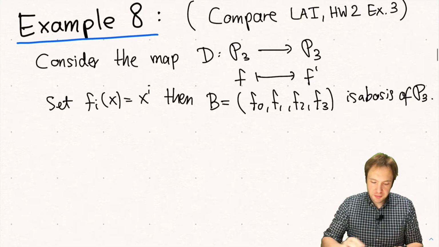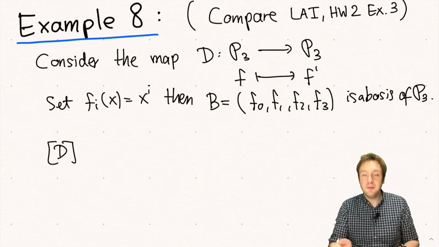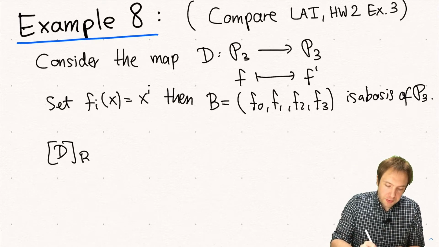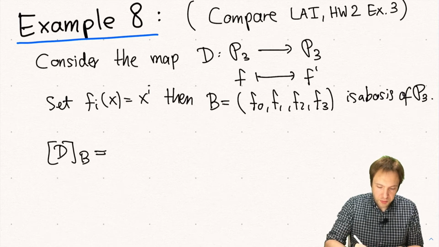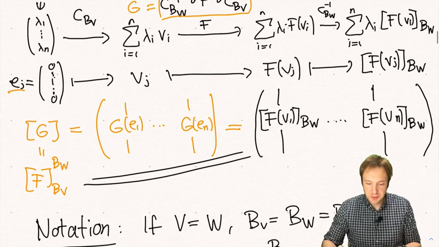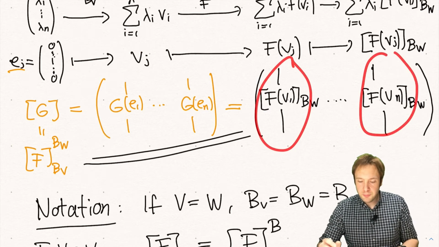And we can ask what is the matrix of this linear map with respect to this basis. So what do we need to calculate with the discussion we had before? Well, we need to calculate these columns.